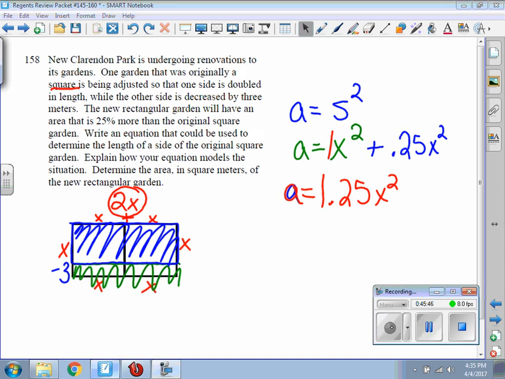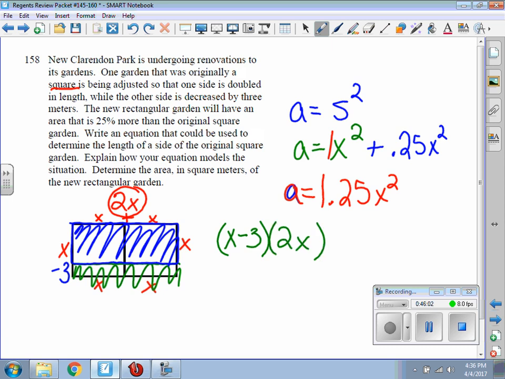So that means that this new area of 1.25x squared is my new length times my new width. So my new length is x minus 3. My new width is 2x. And you know what? Since it's multiplying, I set them backwards. My length is actually 2x. It doesn't matter, because multiplying is commutative.